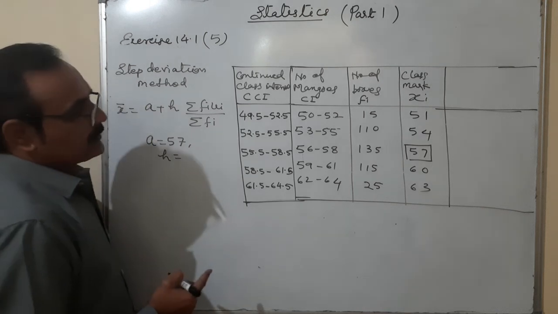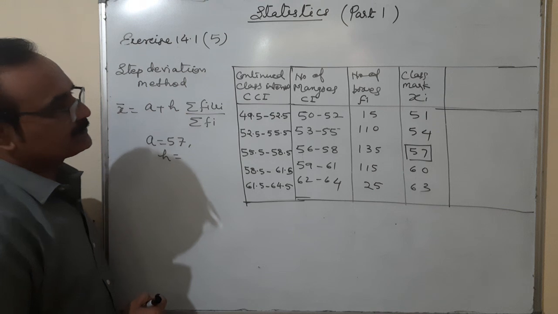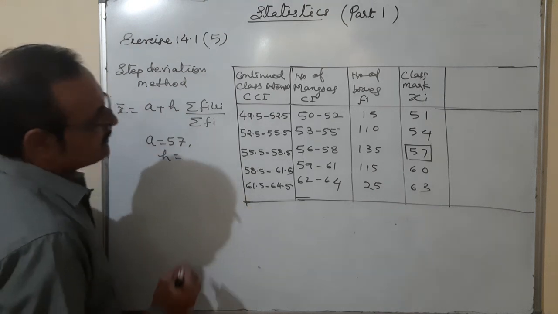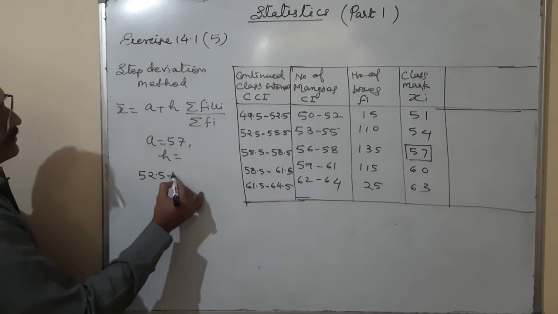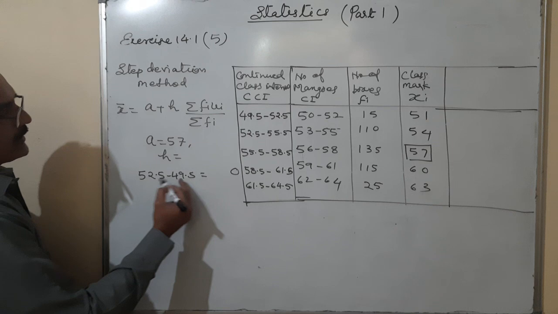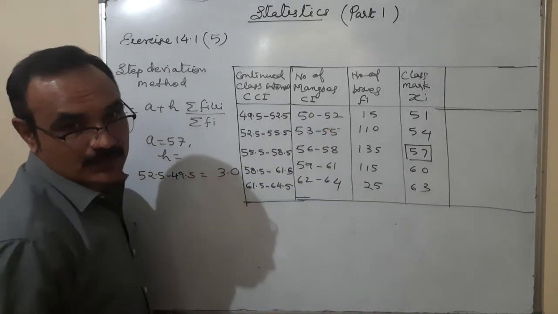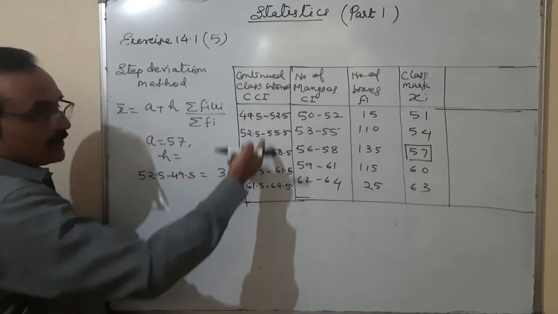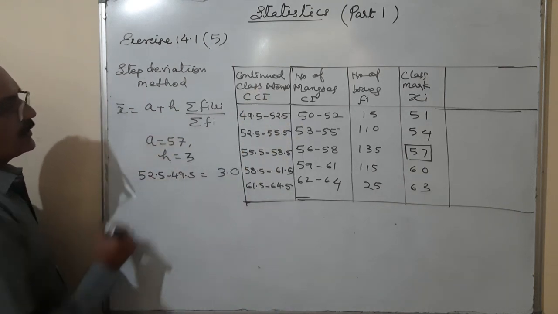What is the class width here? 52.5 minus 49.5, which is 3. Although the class width as given shows a 2, we take the continued class interval. So h is equal to 3.